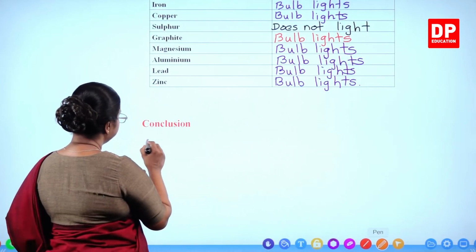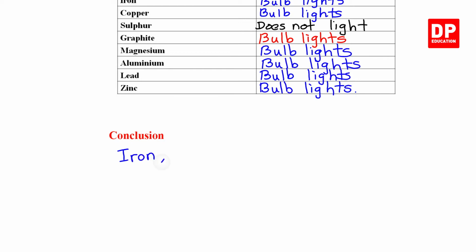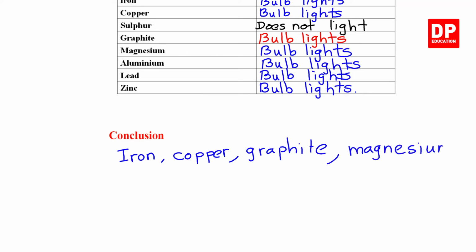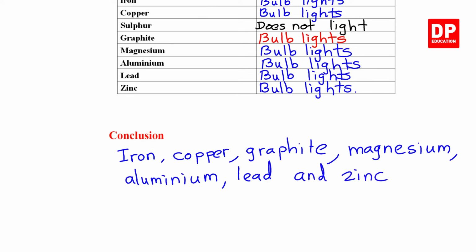So here we can say iron, copper, then we have graphite, then I have magnesium, then there is aluminium, lead and zinc conduct electricity.